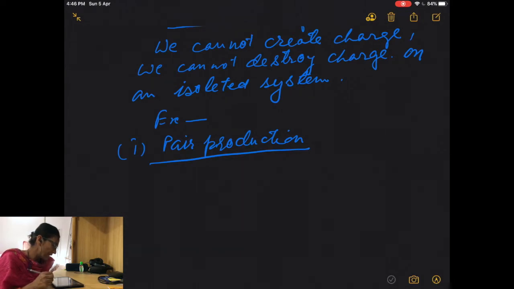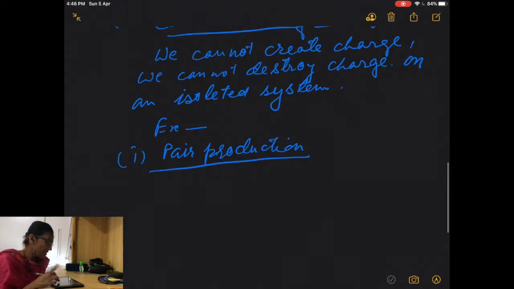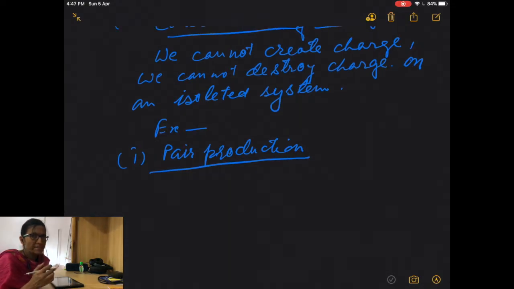Previously the gamma ray has no charge. It is an electromagnetic radiation, so it is chargeless. And finally, when we have one proton and one electron, so plus e and minus e, then again we have zero charge. In this way we can notice that initial charge is equal to final charge.